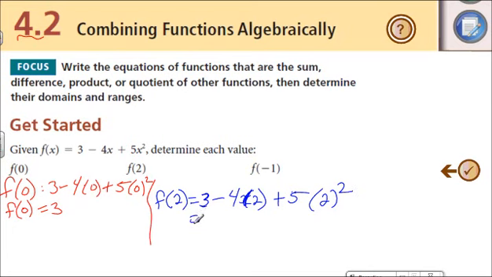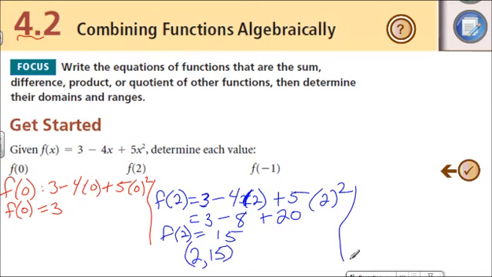And let's plug that through, so we get 3 minus 8 plus, that's 4 times 5, 20. Add them up, we get 15. So we now know that f at 2 is 15. Or in other words, the point on the graph would be (2, 15).